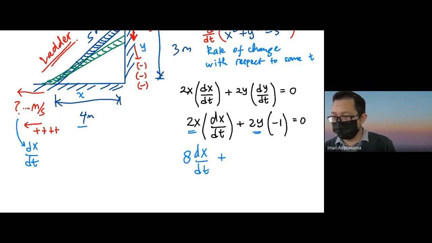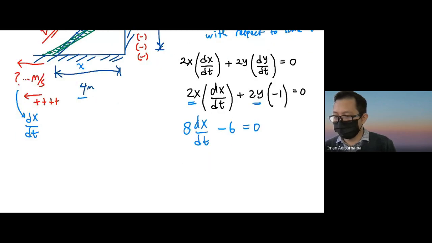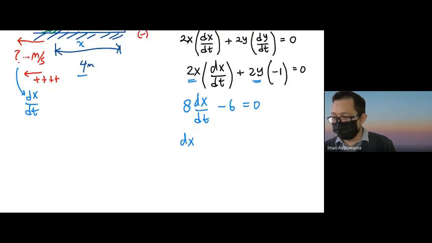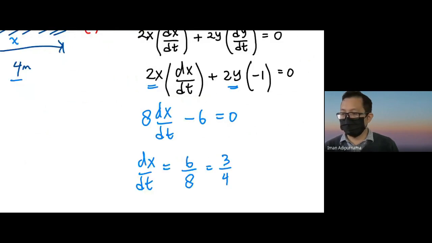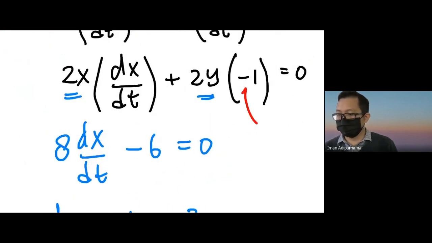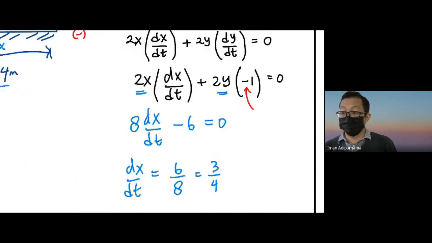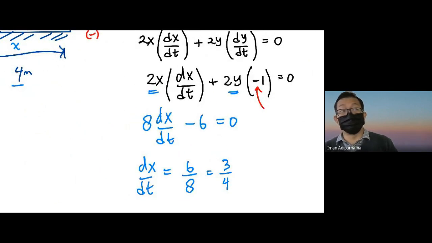That is 6, but -6. So dx dt is 6/8, or 3/4. Okay. But actually, the sign here, if you see this negative sign or positive, it depends on you.